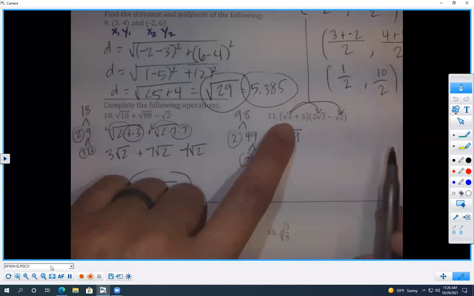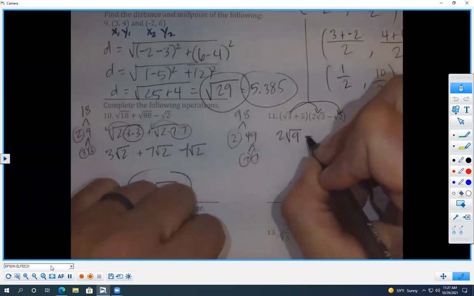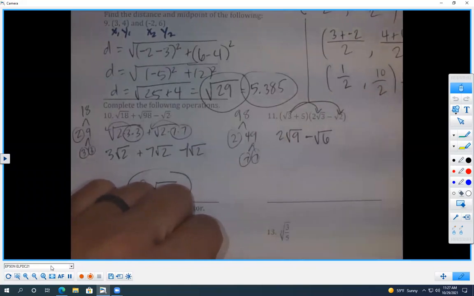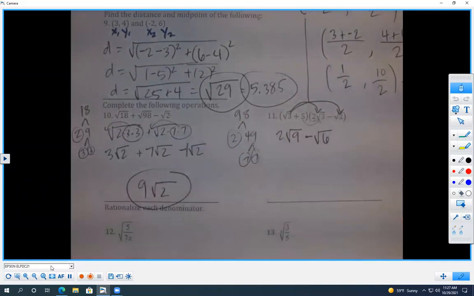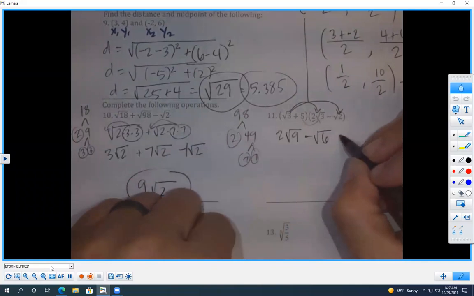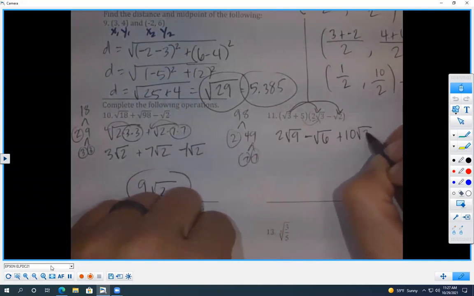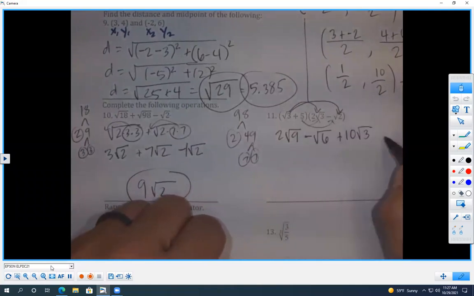And then square root of 3 times negative square root of 2 is negative square root of 6. And then 5 times 2 square roots of 3 is 10 square roots of 3. So plus 10 square roots of 3. And then 5 times negative square root of 2 is negative 5 square roots of 2.